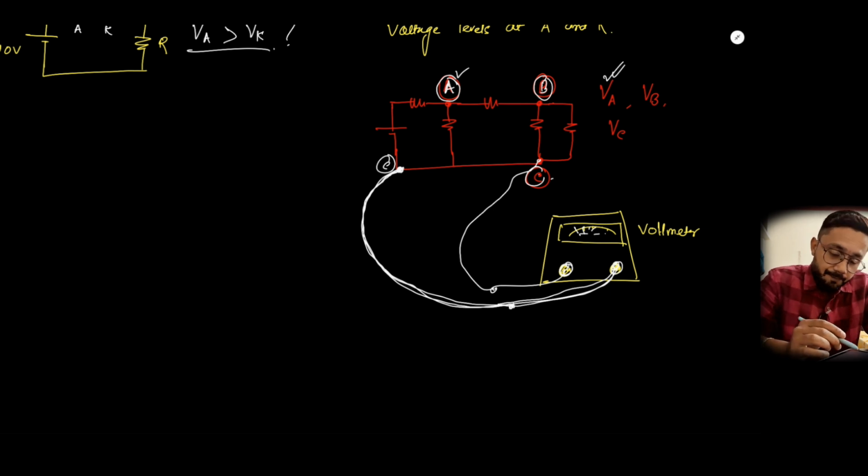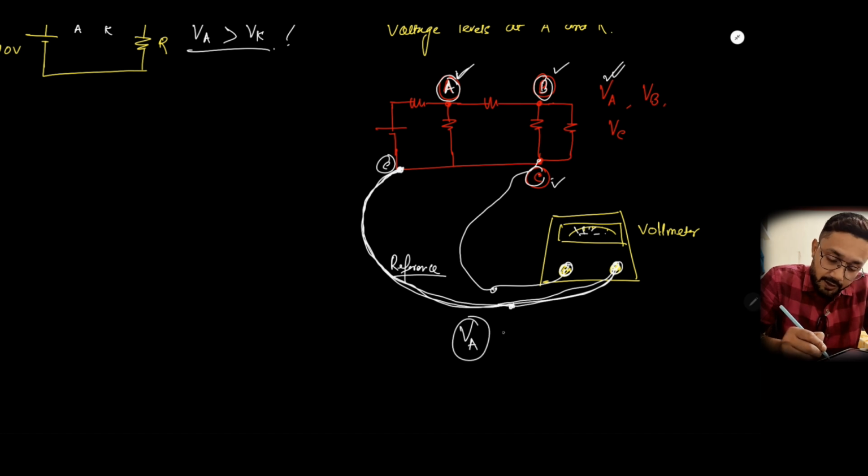And which node should be selected as the reference node? It can be any node in the circuit. The reference node can be selected as A, as B, or as C. Whenever we want to find the voltage at node A, we are basically finding VAC.